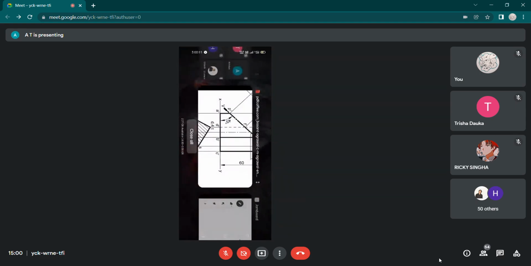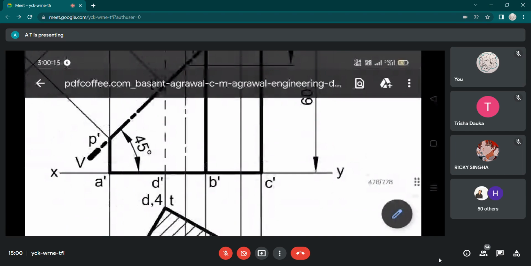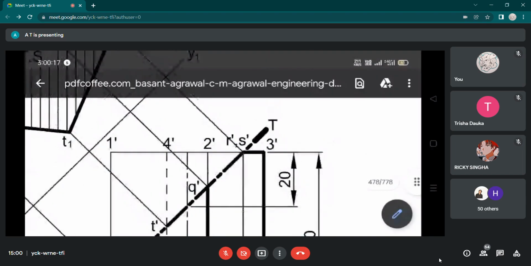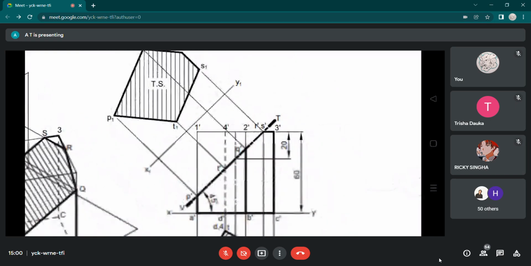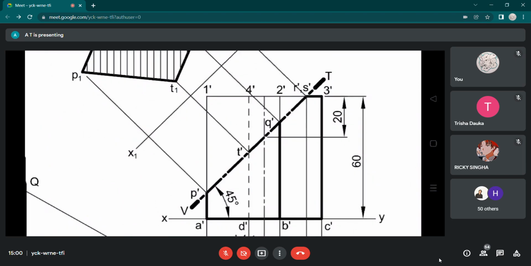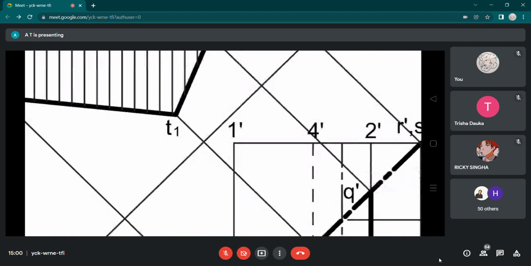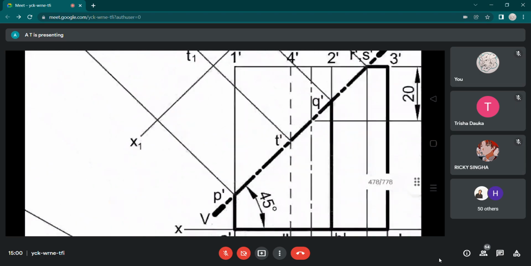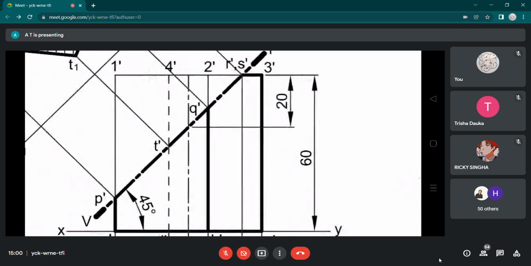Similarly in this case also, with C dash it's 3 dash, with B dash 2 dash. So we got the front view now: D dash, 4 dash, and A dash, 1 dash. So at a height of 60 mm you have to draw now. The height of the square prism is 60 mm, it is given. So you get this.